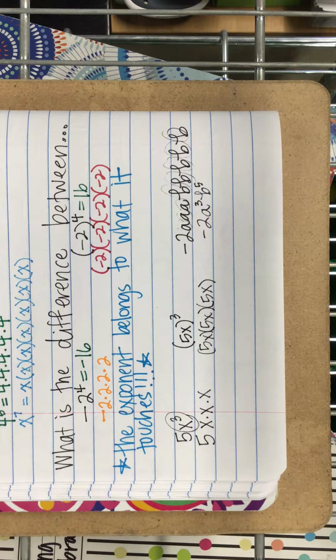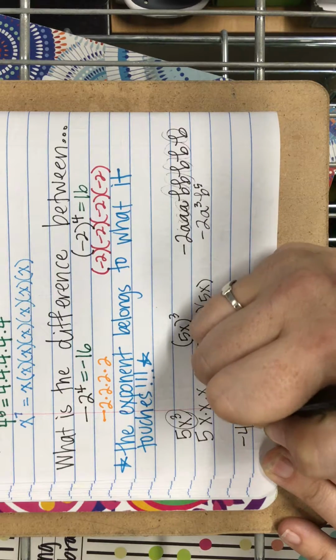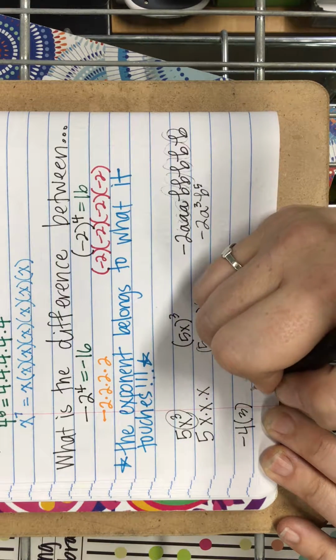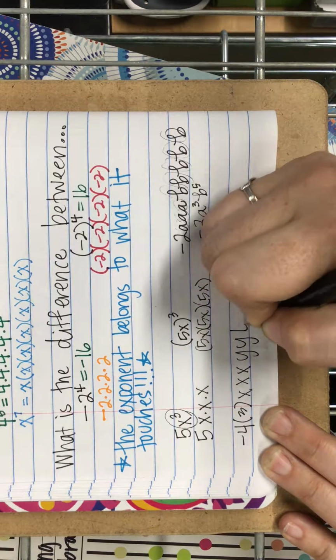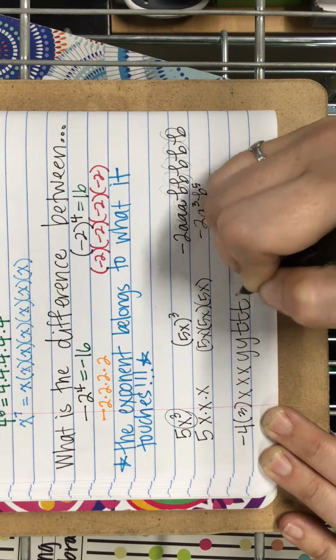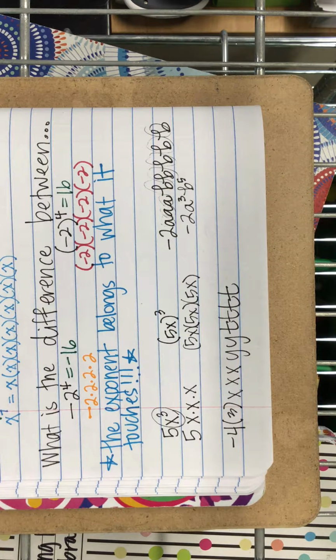All right, try this one. -4 times 3 times x times x times x times y times y times t times t times t times t. Wow.